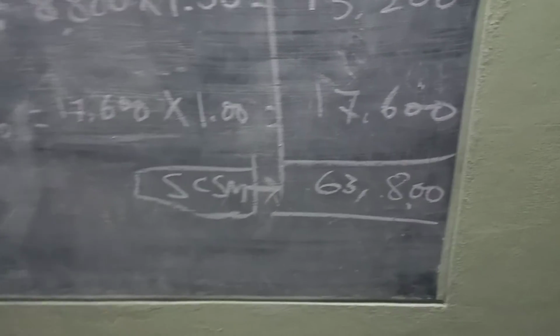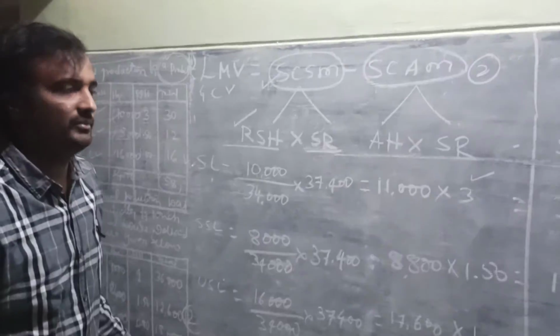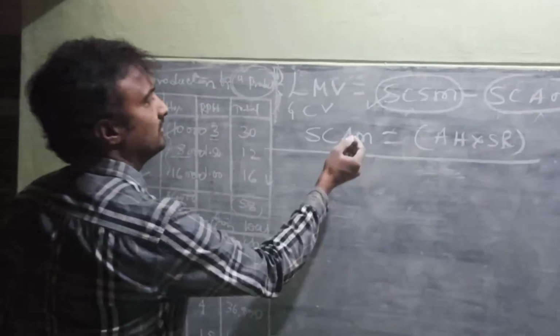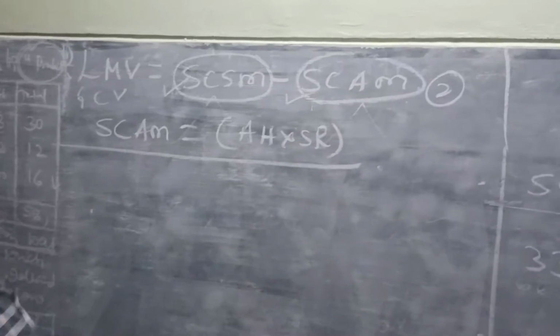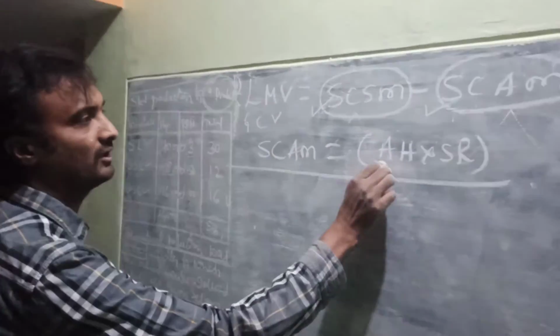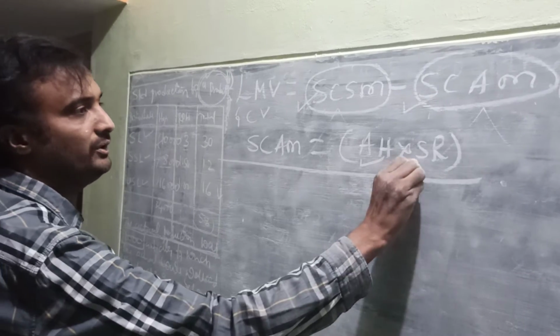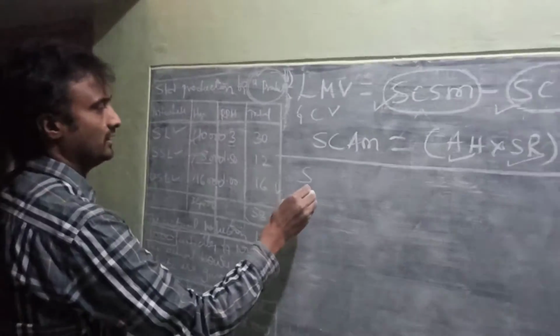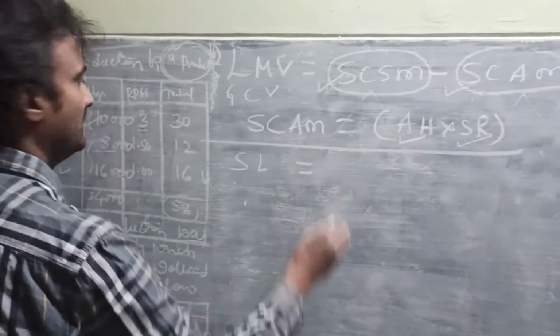And the next step is we should find out the standard cost of actual mix. Standard cost of actual mix can be calculated by using this formula: actual hours he has taken into standard rate, for different categories of laborers. First one is skilled laborers.